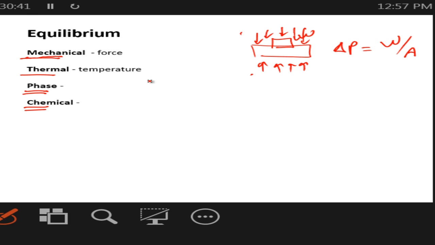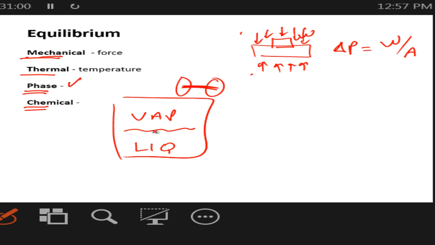Temperature. If I have something that is in thermal equilibrium, there's no temperature imbalance. They're at the same temperature. Phase, what you could have is you could have a vapor and you could have a liquid. And there's going to be an interface in between them. But there will always be some liquid turning into vapor and some vapor turning into liquid on a molecular level. There'll be some exchange.